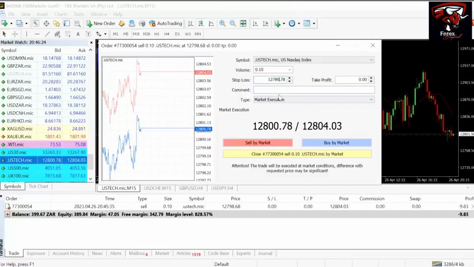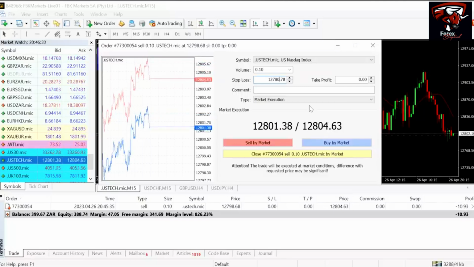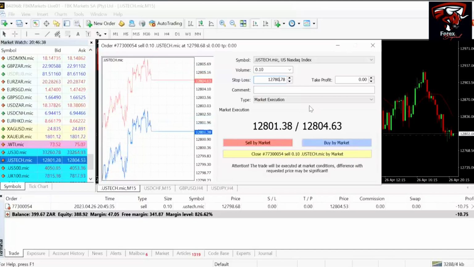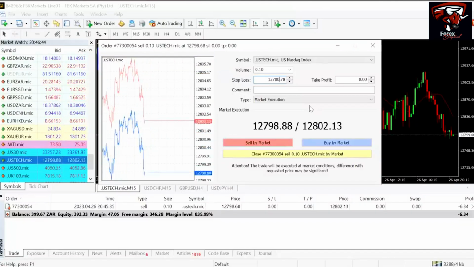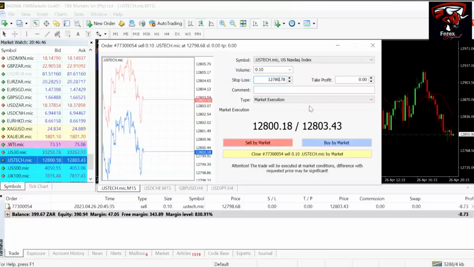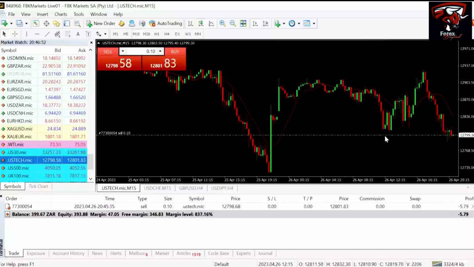Because whatever amount of money I've put into my trading account is literally what I'm willing to lose at that given moment. Therefore, I don't put stop loss. So why deposit 1,000 rands if you're not willing to lose 1,000 rands? I don't see a need for stop loss at all.